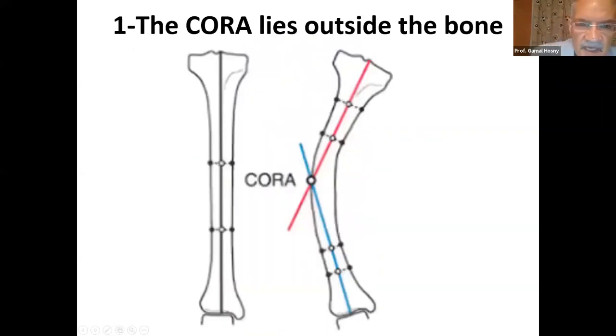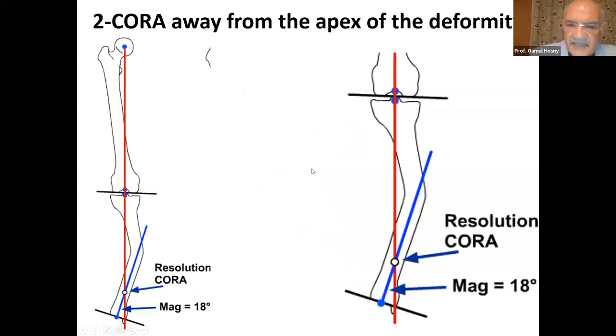But if the CORA lies outside the bone, we have the proximal axis and distal axis, and they didn't meet in the middle of the bone. They met outside the bone. The second situation, we have an obvious CORA. You see here, we have an obvious CORA. It's crystal clear.